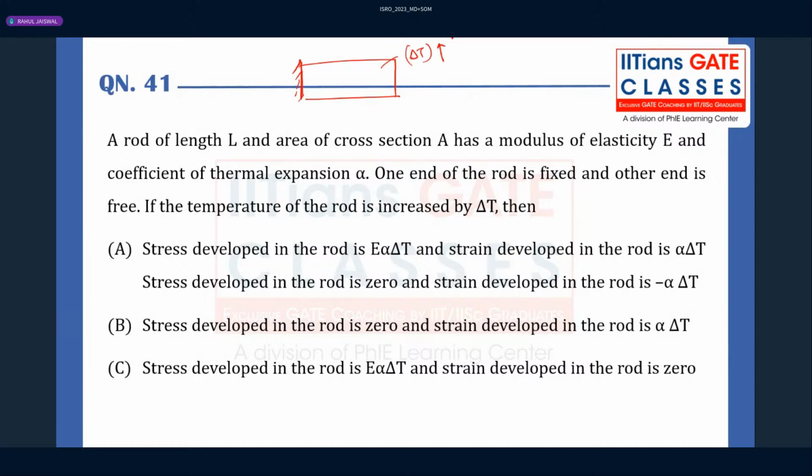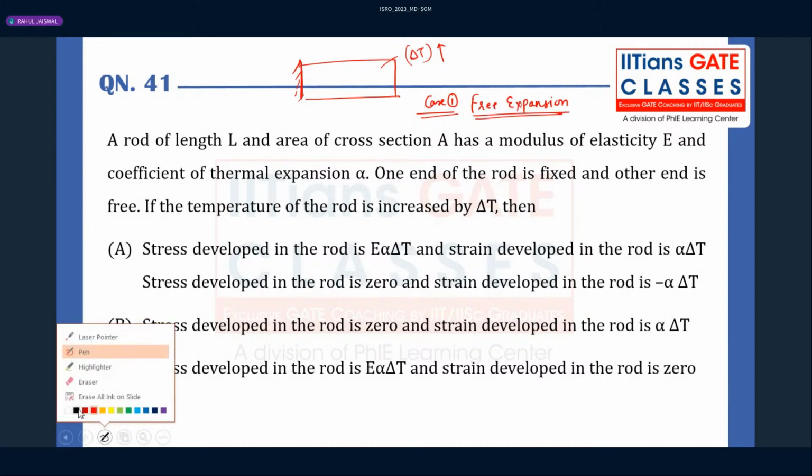What about the strain? See, when it is free to expand, this case belongs to case number 1. In thermal stress, we have different cases. Generally, when you follow IGC notes, we have case number 1, that is the free expansion case. In case of free expansion, when we increase the temperature and there is no resistance offered by the support, why would the material offer some kind of resistive force?